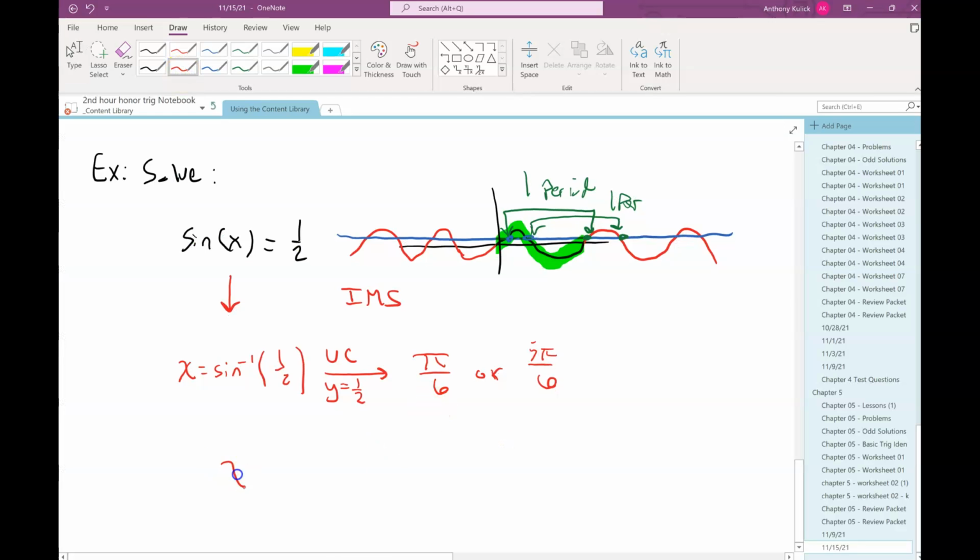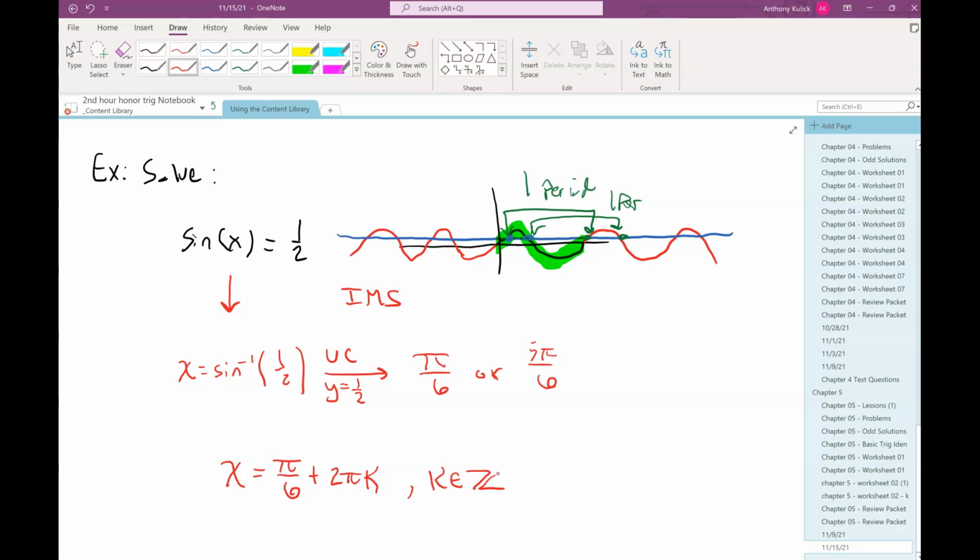So what we're going to say then is our solution is pi over 6 plus 2 pi k, where k is any integer value. So that what we're saying is pi over 6 is a solution, and then any angle coterminal to pi over 6 is also a solution.